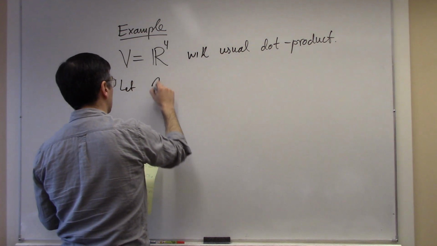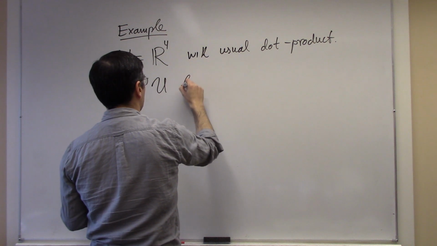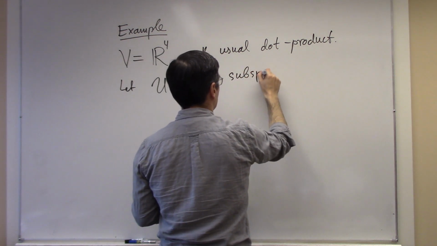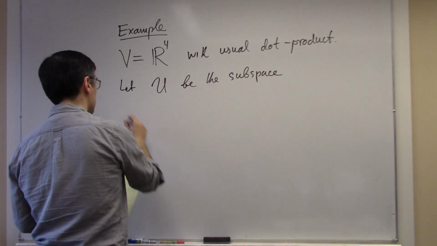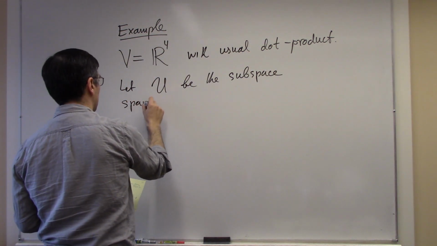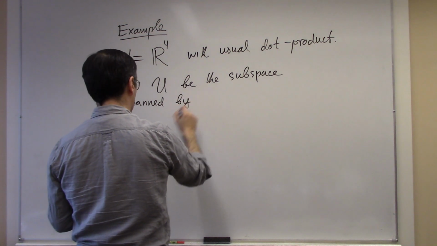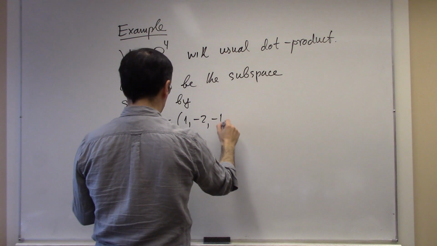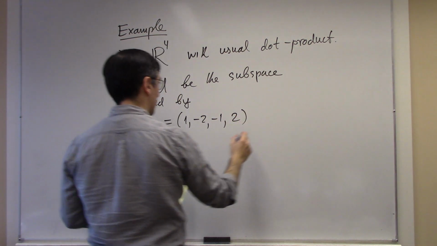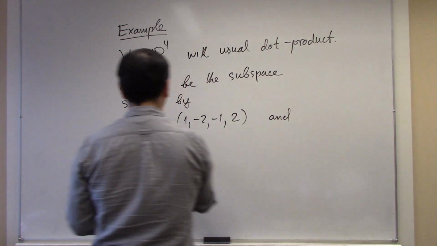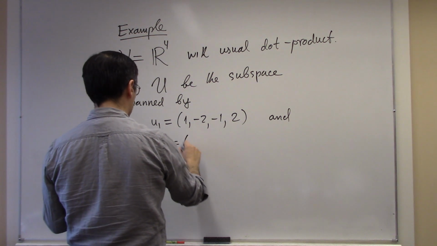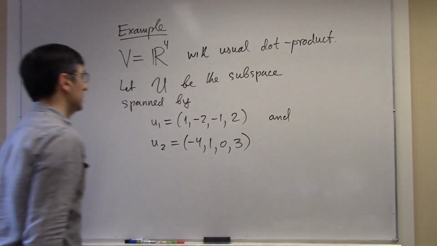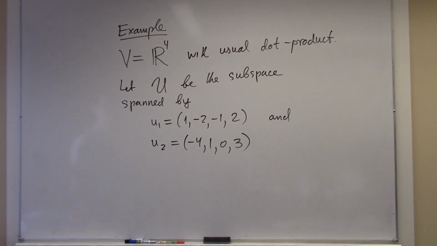Let U be the subspace spanned by u1, which is (1, -2, -1, 2), and u2, which is (-4, 1, 0, 3). Okay, so I have two vectors.